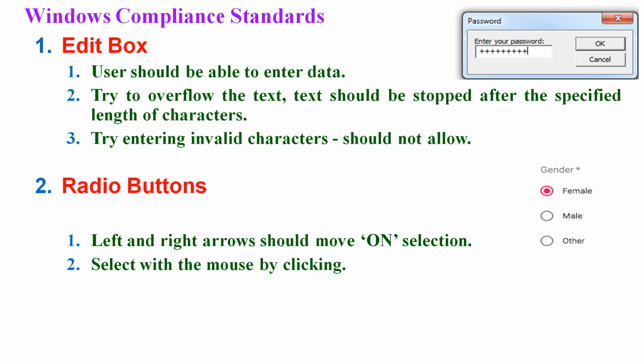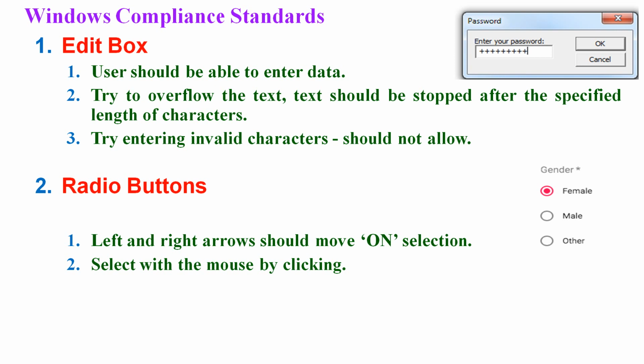Next, edit box. See, if you open any window in your application, you will find multiple edit boxes across your application. Just I have given an example of edit box here, the password. If you open the login page, in the login page you will find the user ID field and the password field.